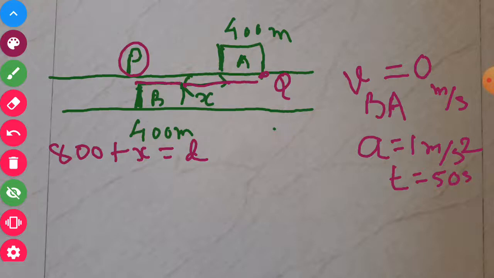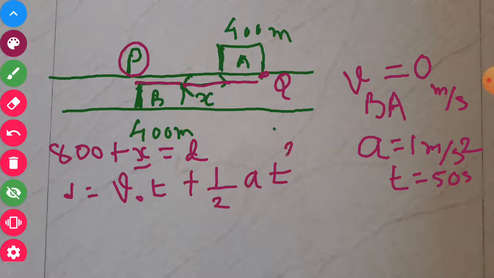Now we want to find out this x, which is unknown. So we can use the formula d is equal to v0t plus half at square.